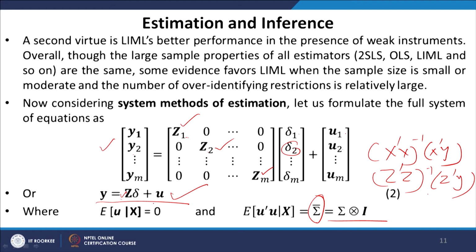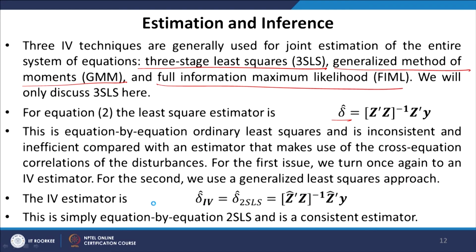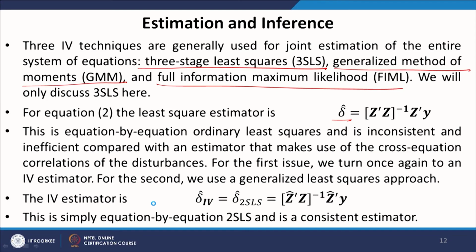That is why it is inconsistent, and previously we have also discussed that the system as a whole will produce inefficient estimators. This is inefficient compared with an estimator that makes use of the cross equation correlations of the disturbances. For the first issue, we turn once again to an IV estimator.